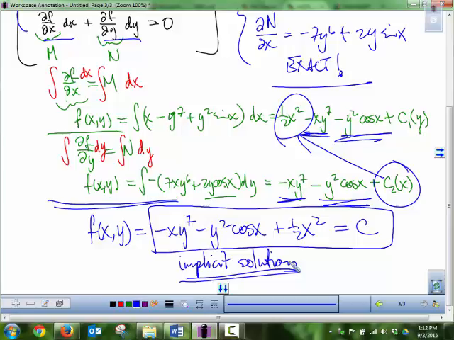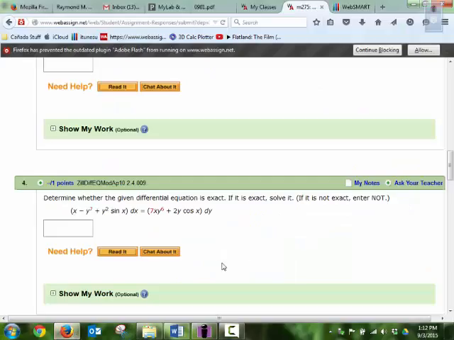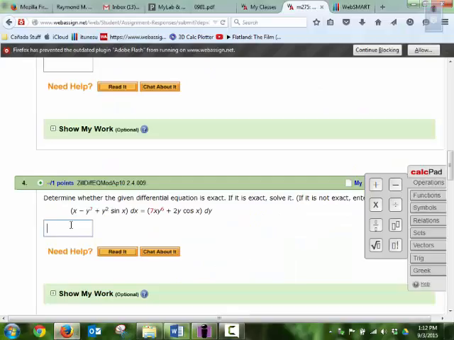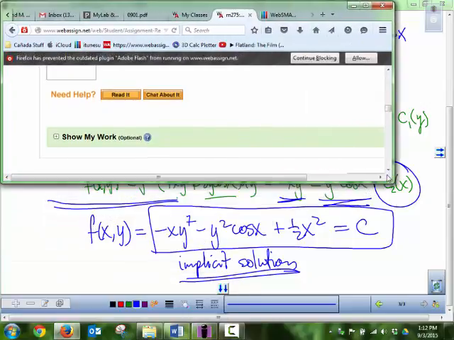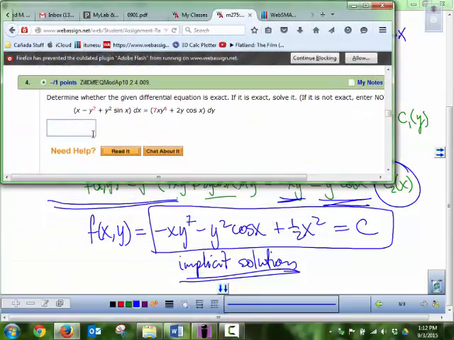All right, we finished the problem. I guess we should check if it's correct, right? If it's exact, solve for it. And so we solve for it.